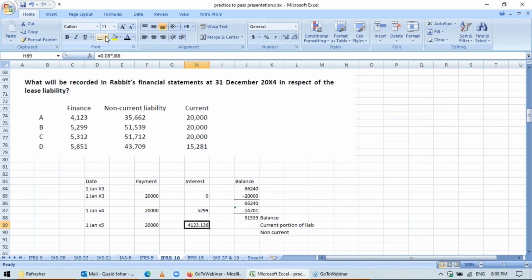This interest is for the year 2004. So if we see what principal amount is being paid, 20,000 minus 4123. This is the principal amount. So the rest amount, the non-current liability.